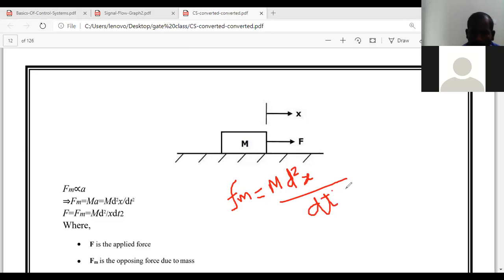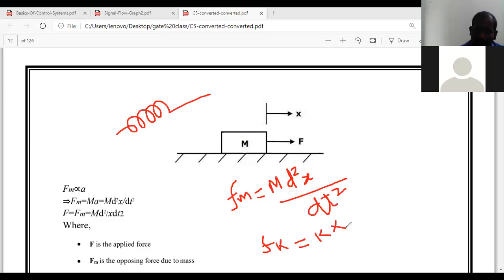Is it clear? Like that, for each element you should know for solving the problem. For the spring, tell me, Fk is equal to k into x.